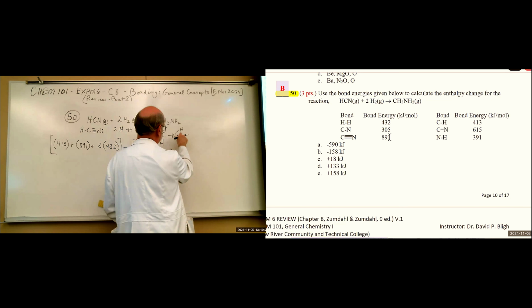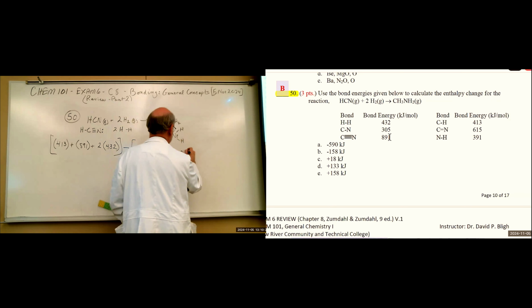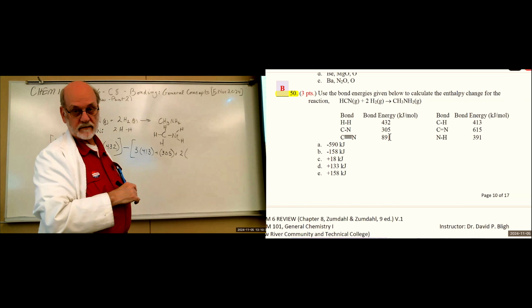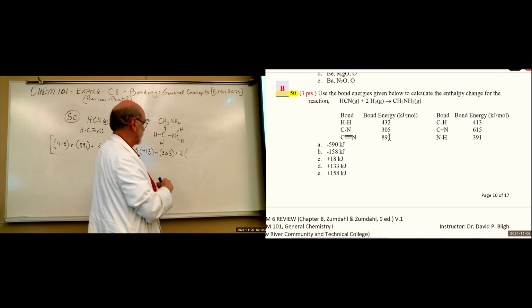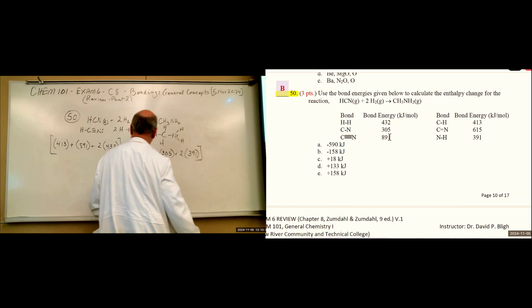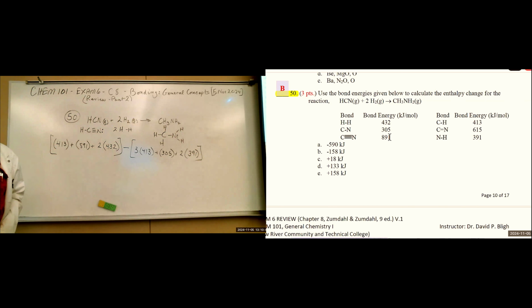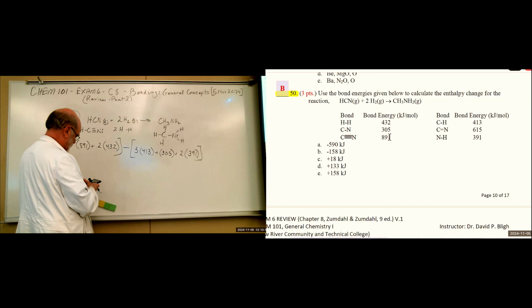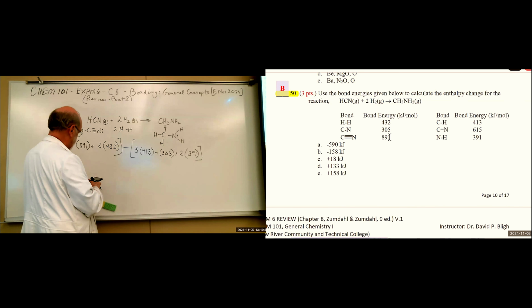And then we have a nitrogen-hydrogen bond, 2 of those, 391. There we go. So 413, add 891, and 432 times 2, add that in.